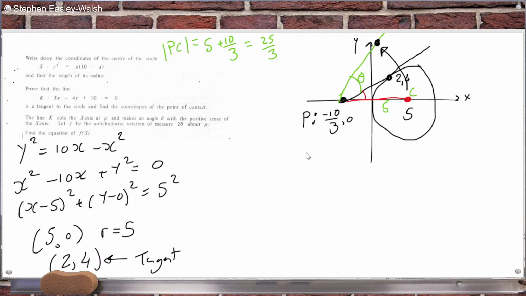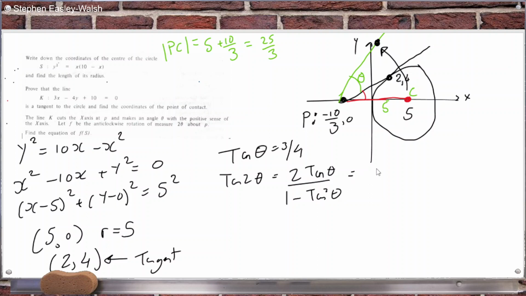I could draw a triangle. I know that tan theta is 3 over 4. So to get the slope of tan 2 theta, now tan 2 theta, what's that formula? That's 2 tan theta over 1 minus tan squared theta, I think. So that would be 3 over 2 over 1 minus 9 over 16.